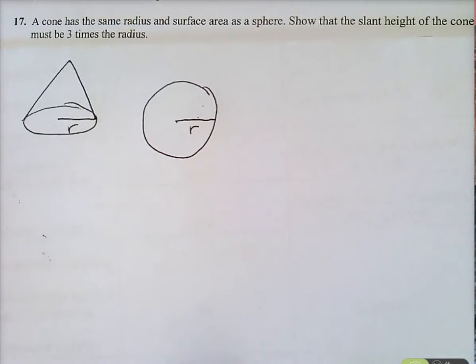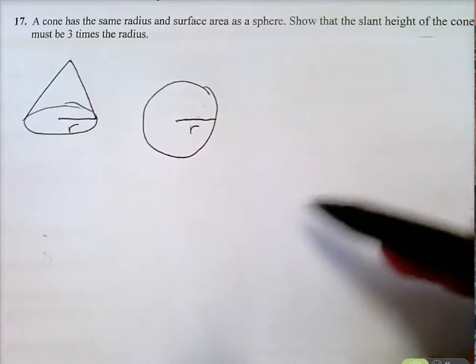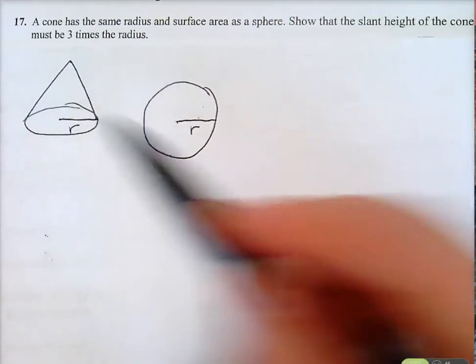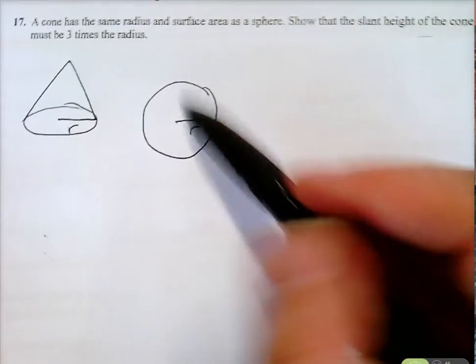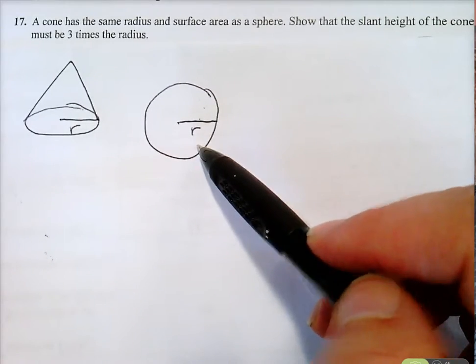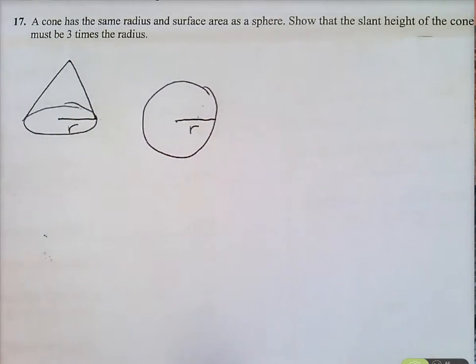Girls, I know that you are flabbergasted with this question more than likely, all right? But to start, you would draw it, and I'd actually have the drawing for you in an exam. So both the cone and the sphere have the same radius, but they also have the same surface area.